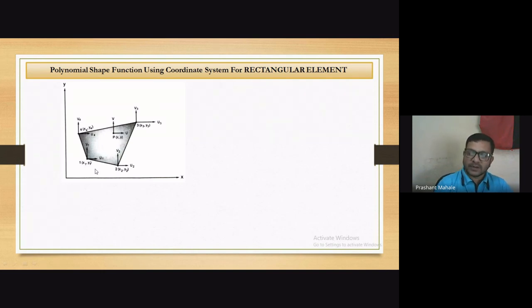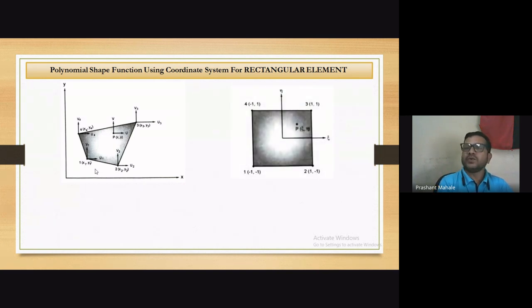So this is a global coordinate system which we have to convert or consider in natural coordinate system also. As we know that the center of that is going to be considered as a reference, whereas zeta and eta are the two displacement directions. Whereas there is one more point inside whose coordinates are zeta and eta actually.